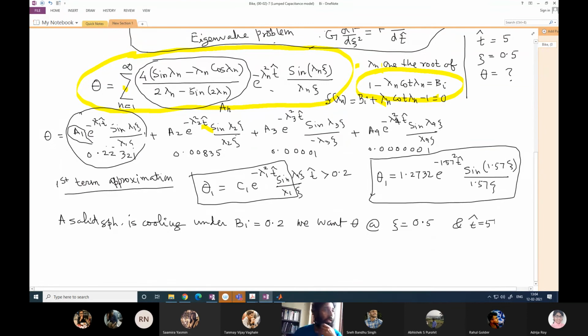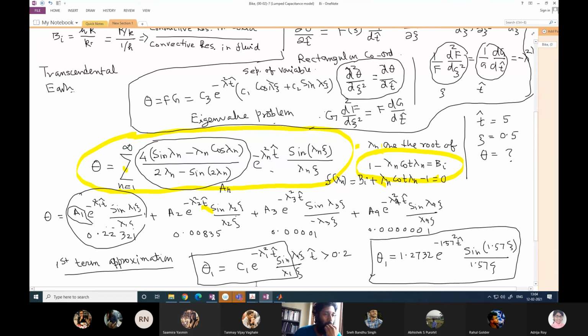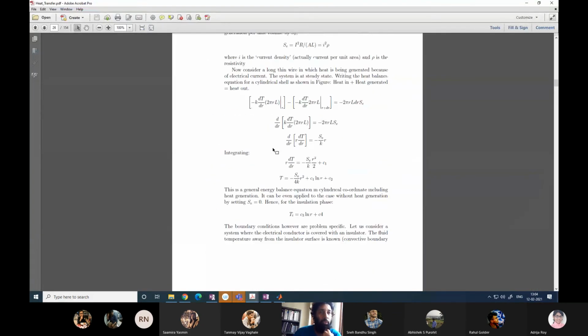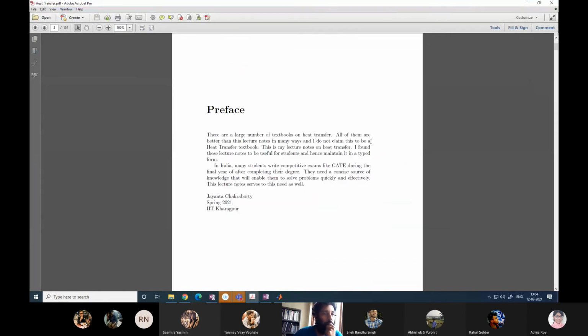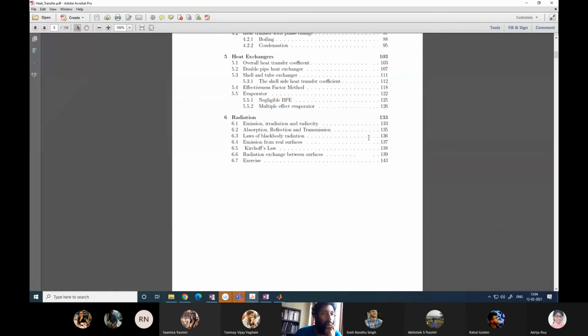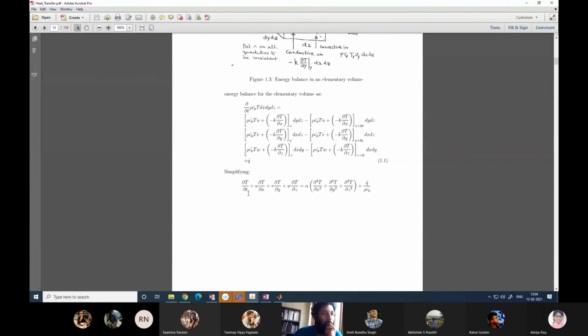It's easier to work the solution for the rectangular coordinate case. If you see the rectangular coordinate transient problem, this is the transient equation: del T del t is alpha del 2 T del x2. No r square kind of things.